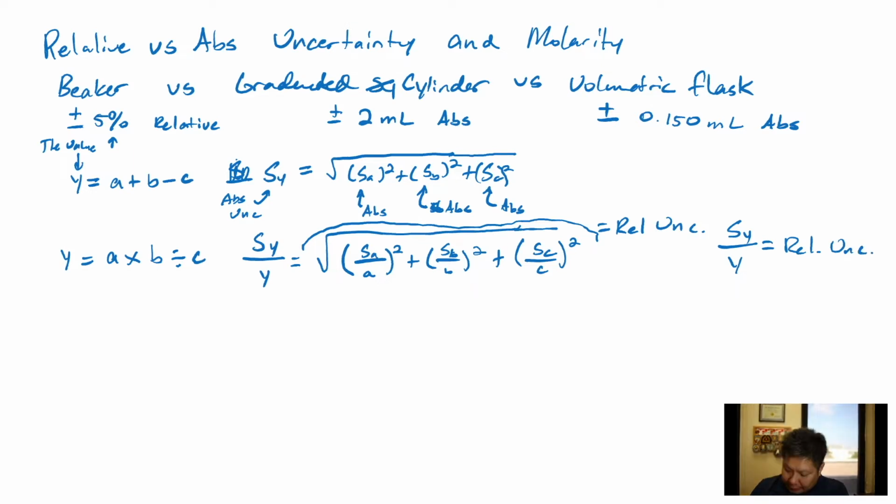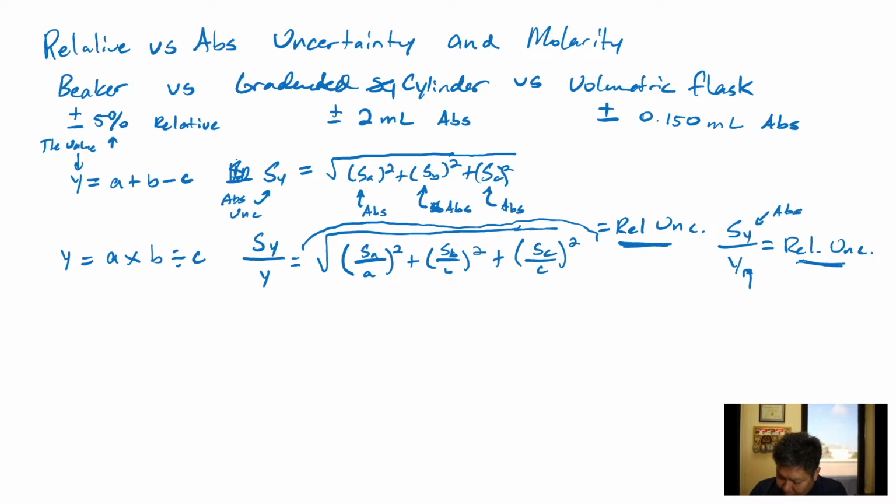And that's the reason why after you do this calculation, the calculation right here with the square root of the Sa over A squared plus the Sb over B squared plus the Sc over C squared, and then square root it all, you still have to multiply this number right here times Y, which is the value that you had to begin with, the measurement, to solve for Sy, which is the absolute uncertainty.